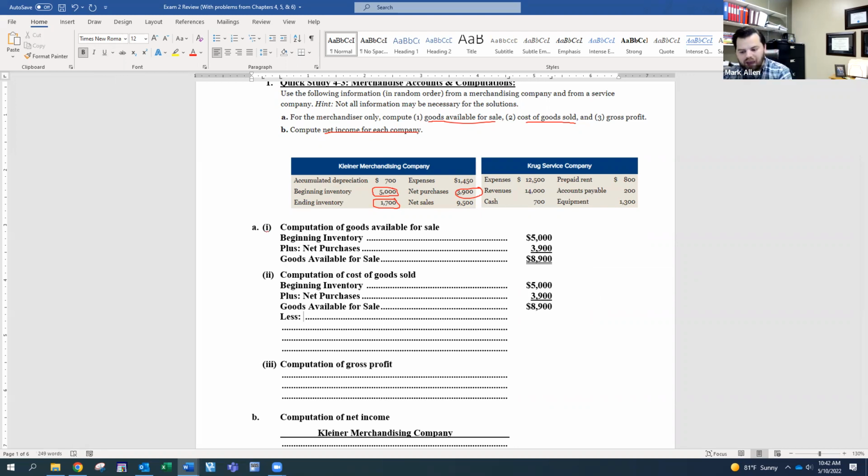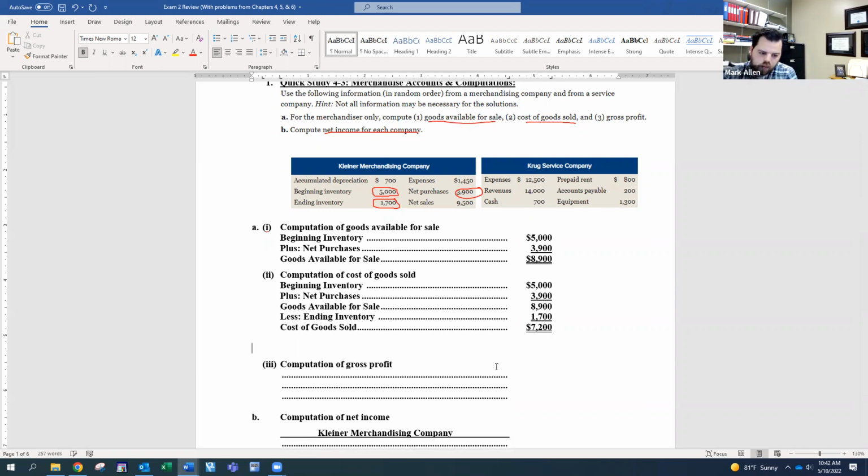Now we'll take out our ending inventory, and of course, we saw that as 1,700. And this gives us our cost of goods sold. Now it looks like we might have picked up a couple extra lines when I did that copy and paste, of 7,200. And this is our final answer for cost of goods sold. So we'll get that double underline, and get rid of those extra lines.